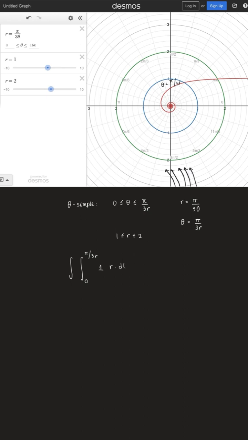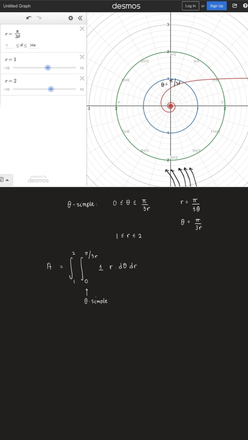But I'm going to write d theta first and then dr, because we're going to integrate with respect to theta first since we went theta simple. Theta is between two simple curves. And then r on the outside will go from 1 to 2, and this will give us the area of the region.